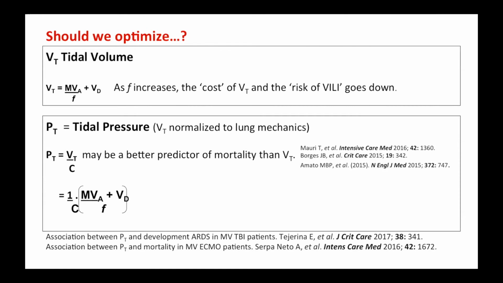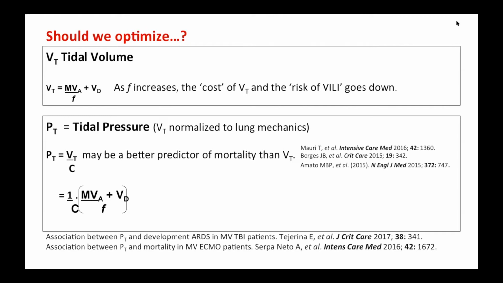And as we can see, as the frequency increases, then the cost of the tidal volume and the risk of ventilator-induced lung injury should go down. But obviously, there is a limit to what we can apply in terms of this formula. And in terms of the industry, most of our equipment is actually pegged, correct me if I'm wrong, at a rate of around 150 breaths per minute.